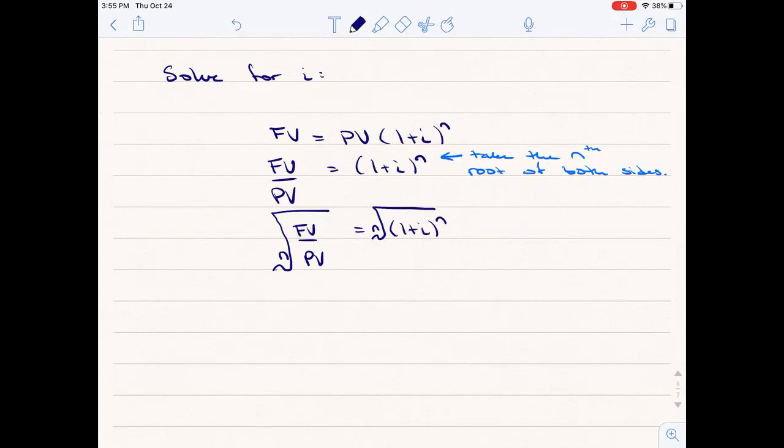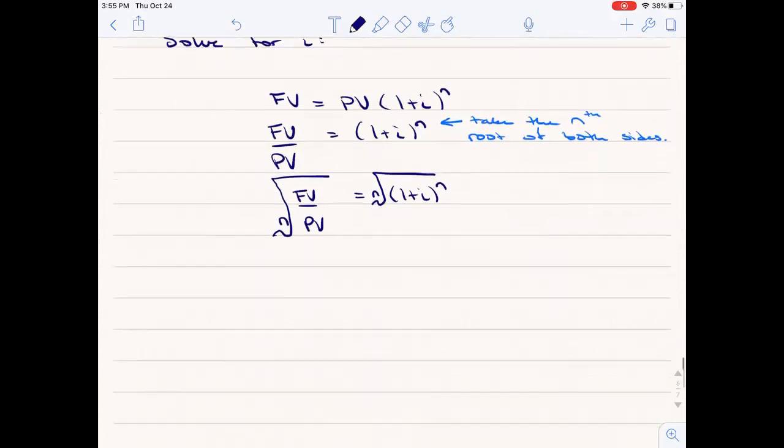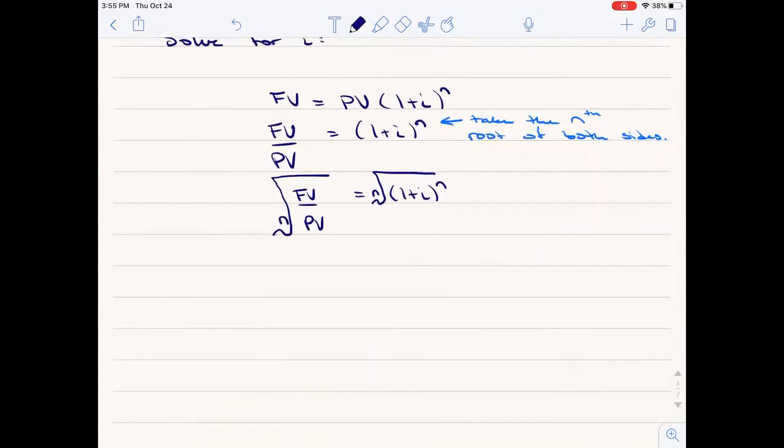But those are just going to cancel, right? Because the nth root we can rewrite as something to the power of 1 over n. Now we've got to the power of n times 1 over n, which is n over n, which is 1, so it goes away. That's why we use the nth root.